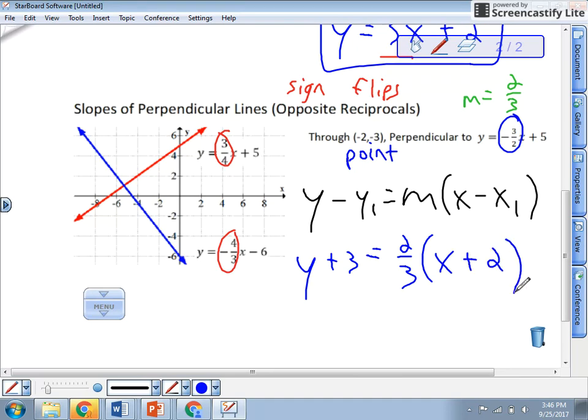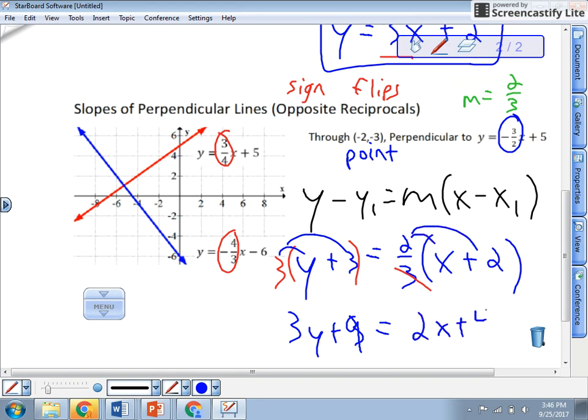And then we talked about fractions. In order to get rid of fractions, if we don't like them, we multiply this side by the denominator, which is 3. That cancels that out. And then we're left to just distribute each side. So we've got 3y plus 9, distributing that 3 times 3, equals 2x plus 4.